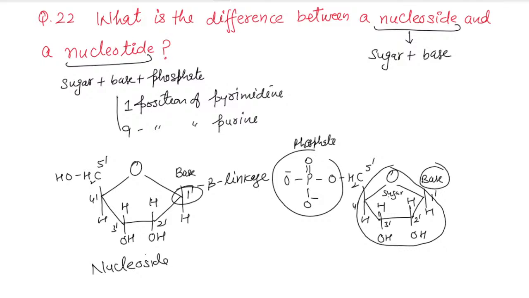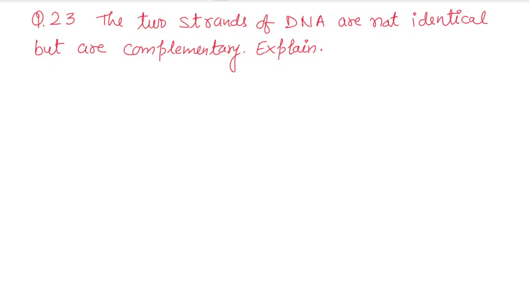Okay. Now question number 23. The 2 strands in DNA are not identical but are complementary. Can you explain?